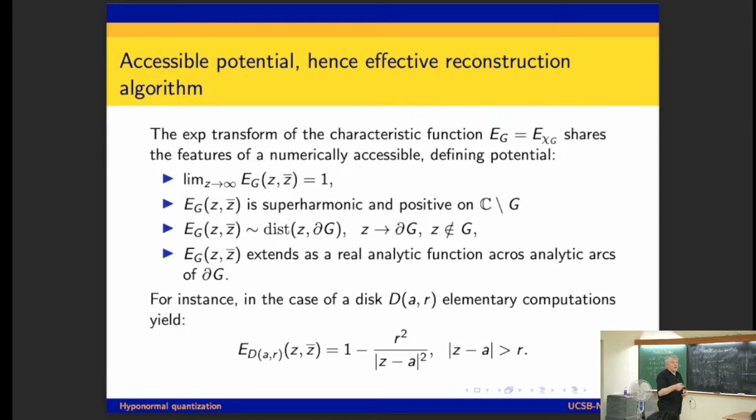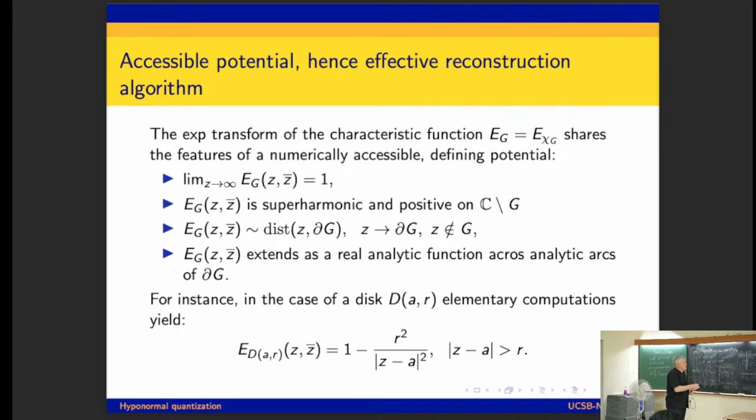If you have analytic arcs in the boundary, this extends analytically. Therefore, if you want to reconstruct something with corners, it will extend above the smooth parts, real analytic, and will be singular at the corners, and so on.